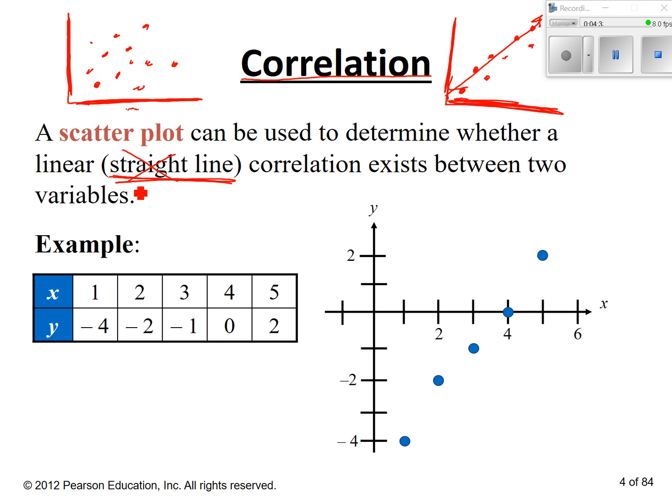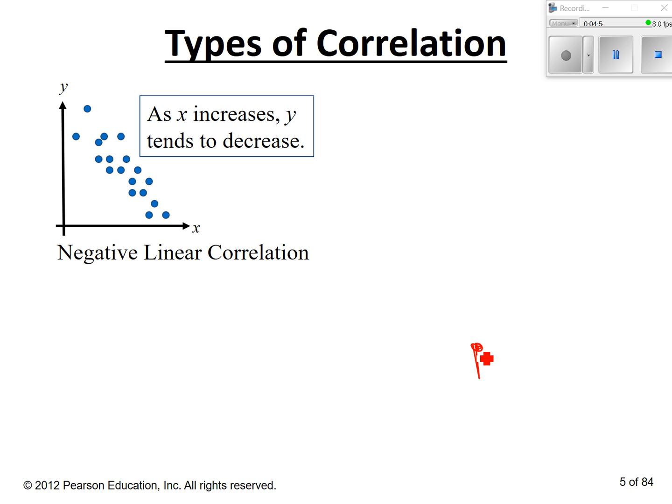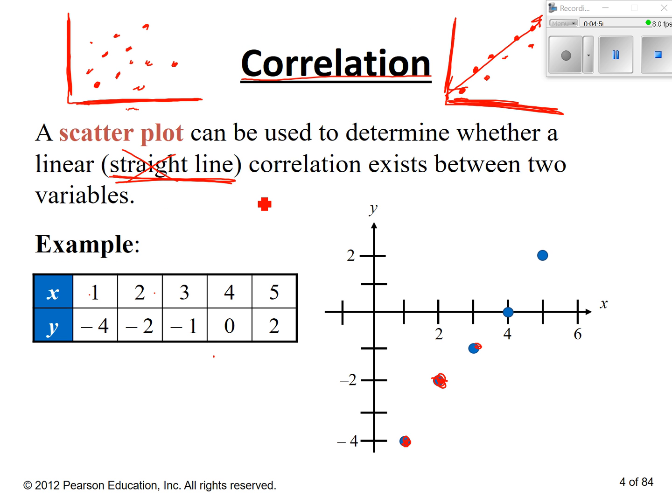An example, if we have this table of values here and we graph them, we started with x was 1 and we had -4, then x was 2 and had -2, x was 3, -1, x is 4, 0, and x was 5, 2.